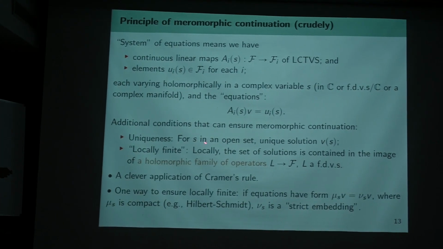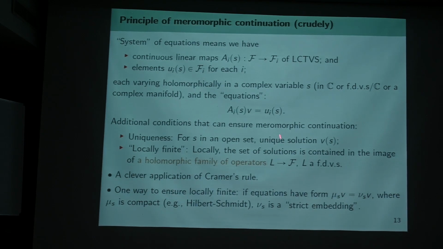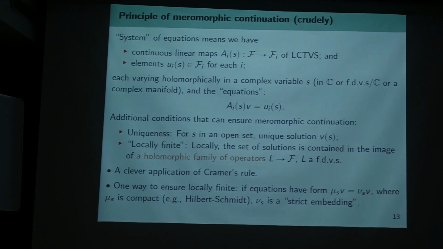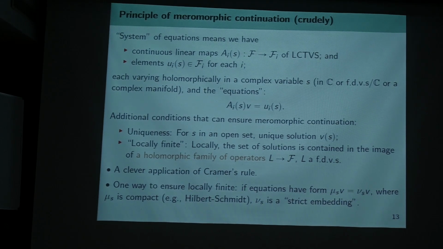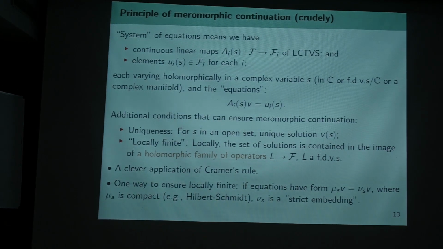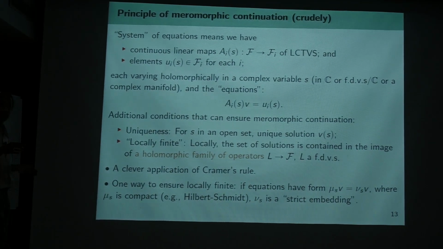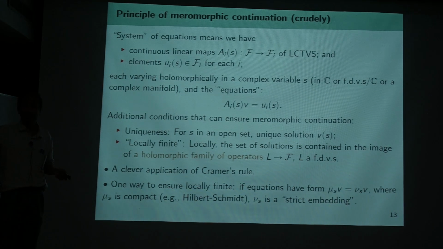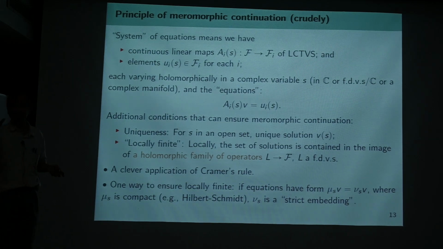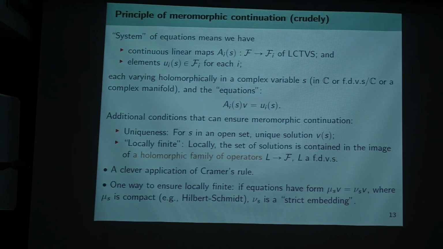So this is what Bernstein's principle roughly says. Under these conditions, there is a good system of meromorphic solutions to it. It's a clever application of Cramer's rule. In the finite dimensional case, we know that if you have a holomorphic system of equations with a unique solution, then some determinant is invertible, and it continues to be invertible in the neighborhood, and the inverse is actually a meromorphic function.